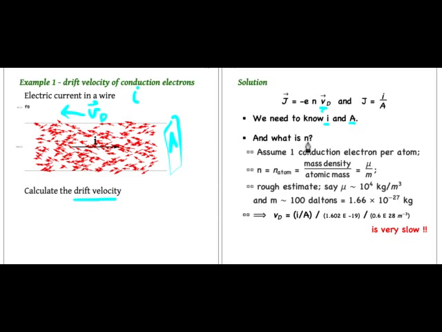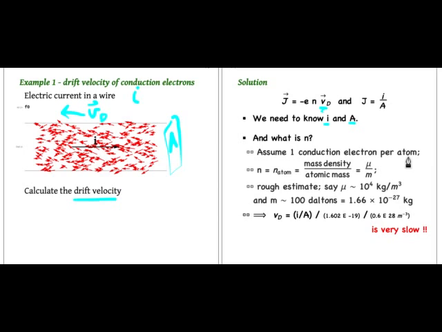Not all of the electrons can move away from their atomic positions. You know, there's a nucleus for each atom which holds the electrons in place. For most metals, there's one conduction electron per atom.